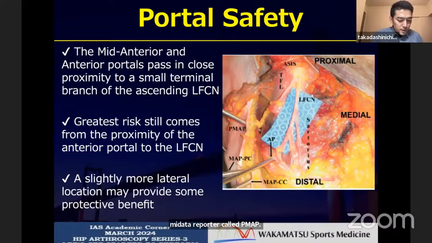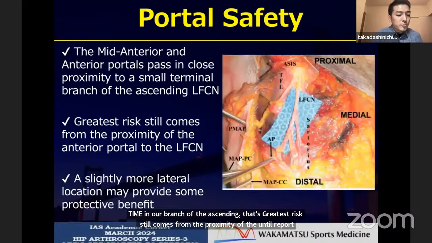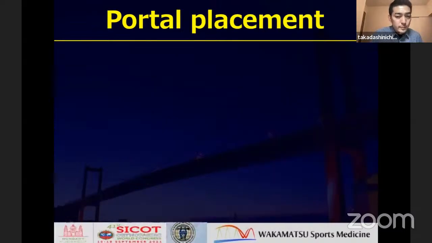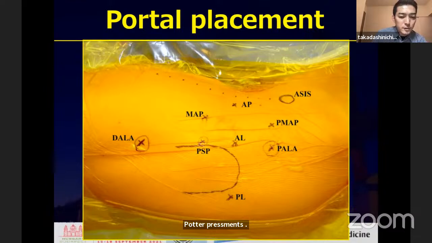The anterior portal passes in close proximity to a small terminal branch of the ascending lateral femoral cutaneous nerve. The greatest risk comes from the proximity of the anterior portal to the lateral femoral cutaneous nerve. A more lateral location may provide some protective benefit. Portal placement: first, palpate the outline of the greater trochanter and the anterior superior iliac spine, ASIS.